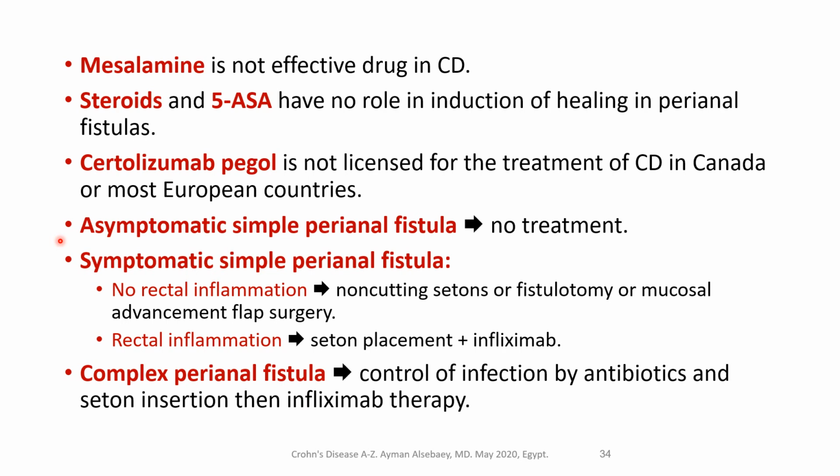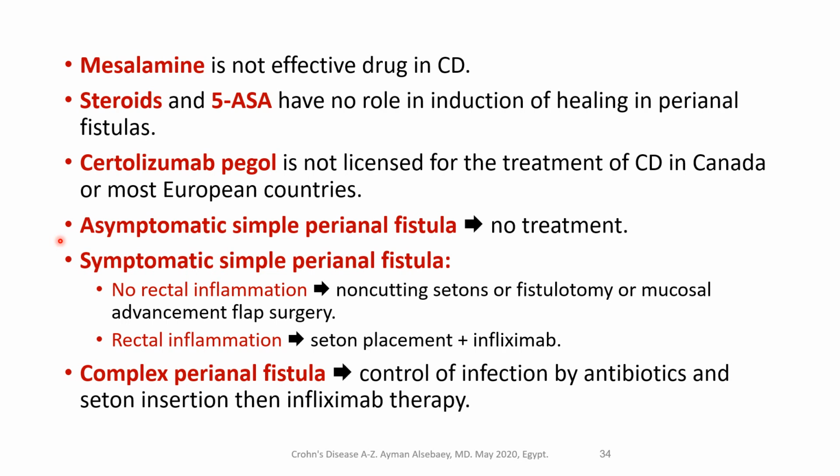They have no role, and corticosteroid may increase the infection of the fistulae. Okay? When we come to the biological therapy anti-TNF, we have adalimumab, we have infliximab. Okay? They are licensed in America and Europe. But certolizumab pegol, it is not licensed in Canada and it is not licensed in Europe.